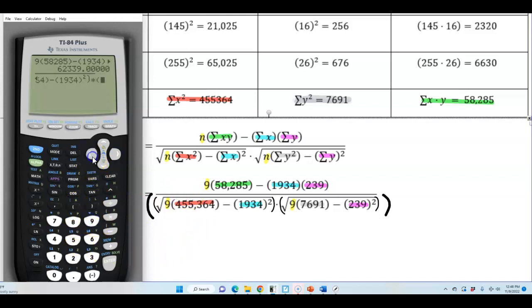9. Now this needs to be under the radical sign. So we need to make sure it's under the radical sign. So we have parentheses and then 9 times 7691, and then minus 239 squared with parentheses, and then we're going to shift over and put the parentheses there and then press enter.